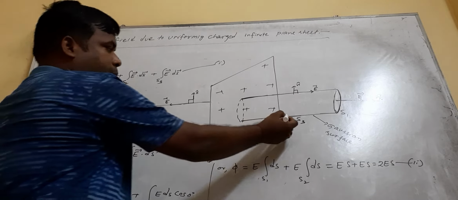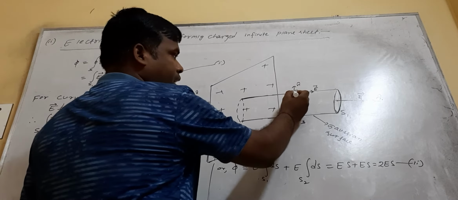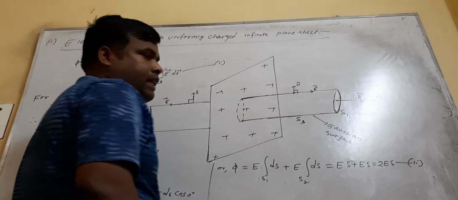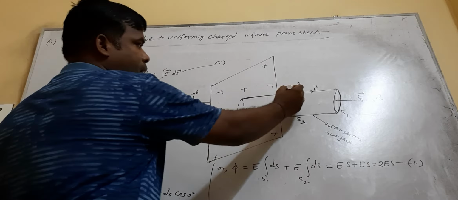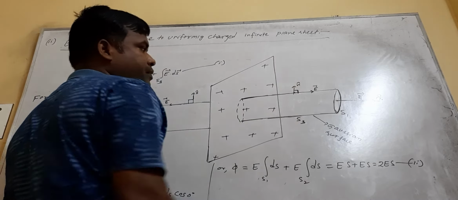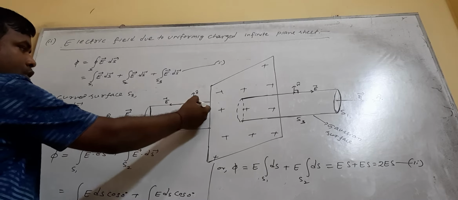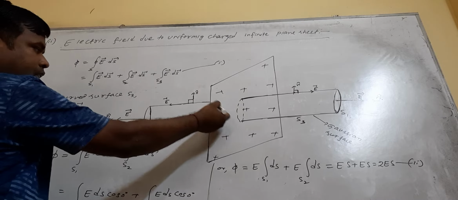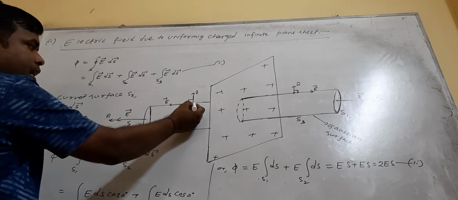But for the curved surface you see that the electric field for this point is towards right and the area vector is upward. So what is the angle between them? 90 degree. And you see here electric field is towards left because it is positive charge, that is away from the charge. And for area, what is the direction of the area vector at this point?